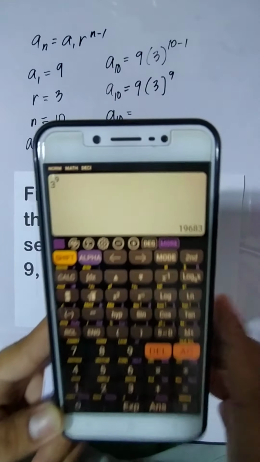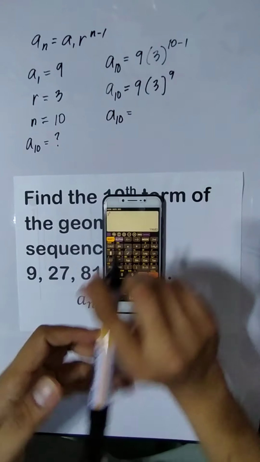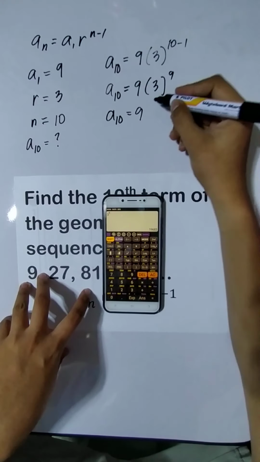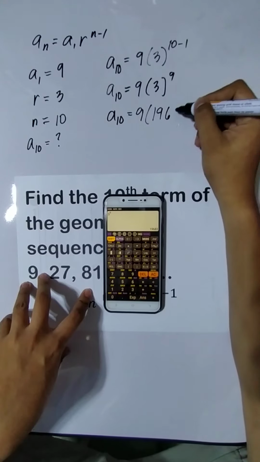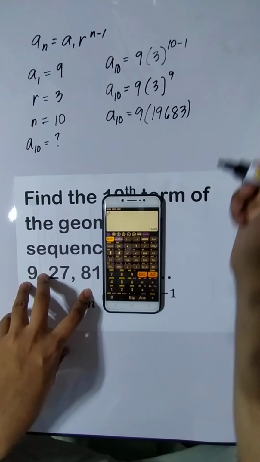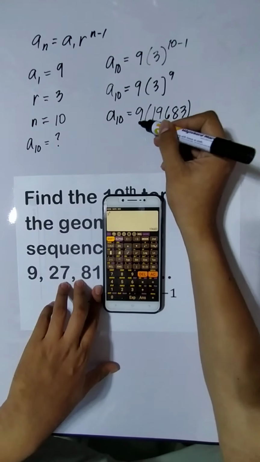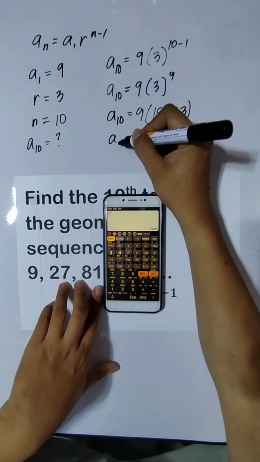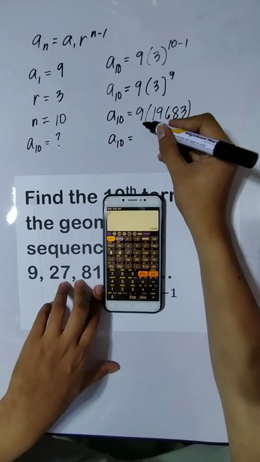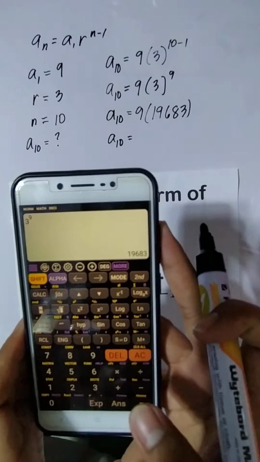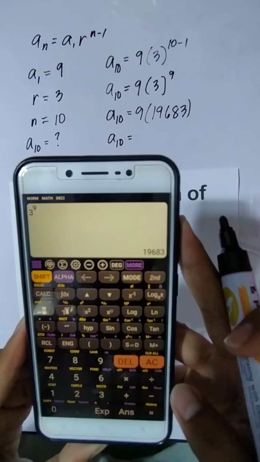Okay, so sulat na natin yung sagot. We have 9 times 19,683. So, hindi pa yun ang final answer kasi i-multiply pa natin sa 9. So, a sub 10 is equal to, so yun nakuha nating sagot kanina, which is 19,683.